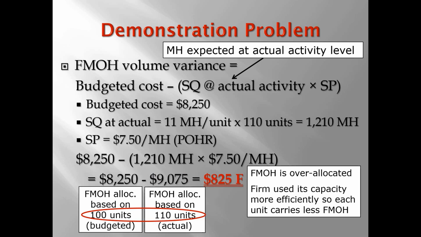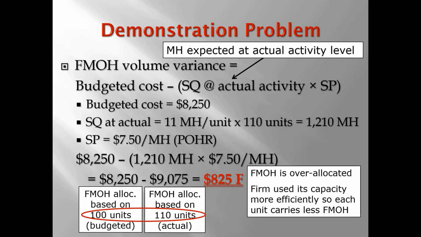Therefore, the firm's fixed manufacturing overhead was over-allocated. That is, the firm's managerial accounting system continued to allocate overhead to the additional units made. Of course, that overhead didn't really exist, and we can adjust for it at the end of the period by reducing cost of goods sold.